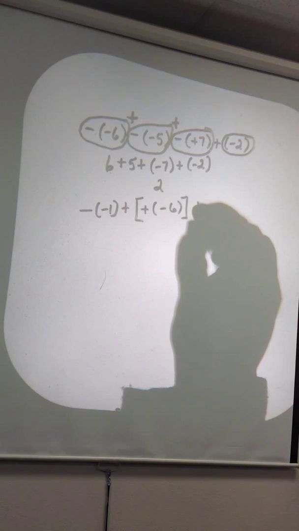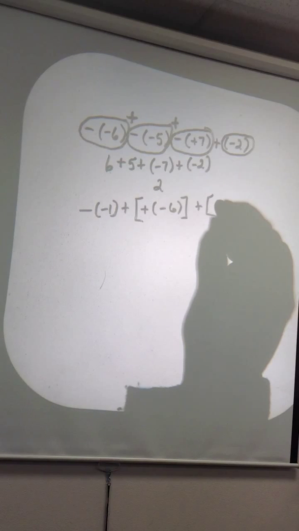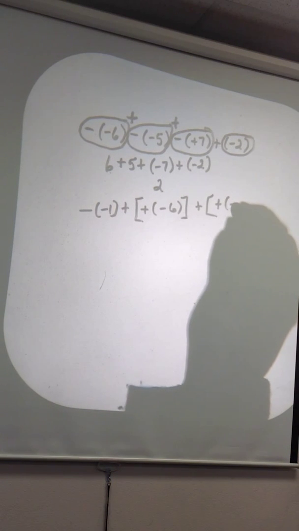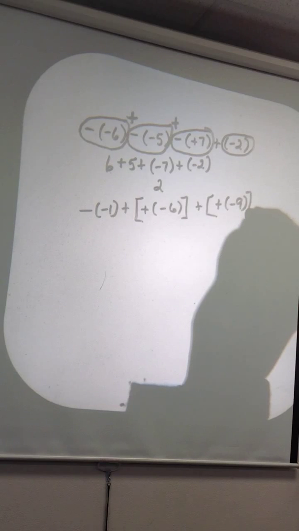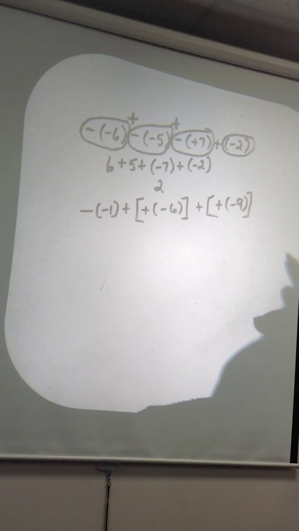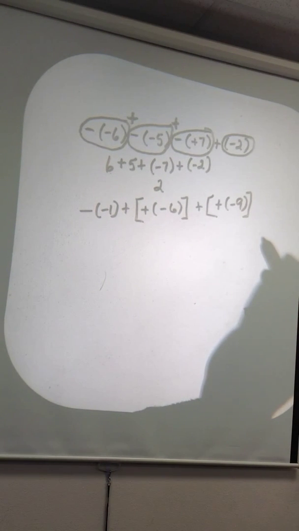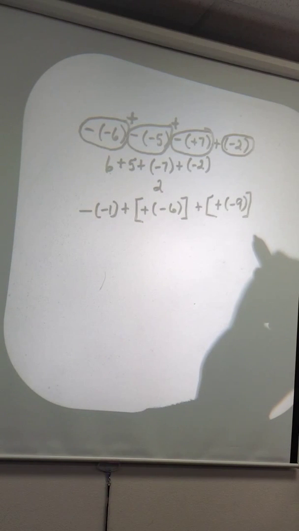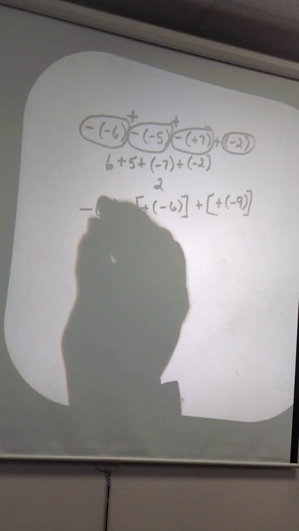Plus, we have another bracket, plus a -9. Okay? Where are we going to put the first circle? Ready? Around -1. Right here, right?